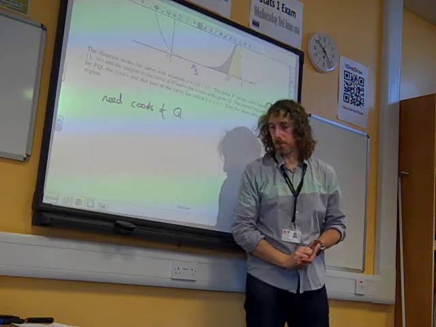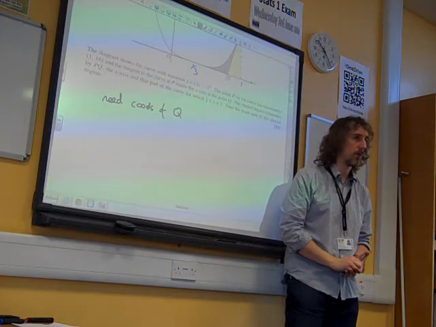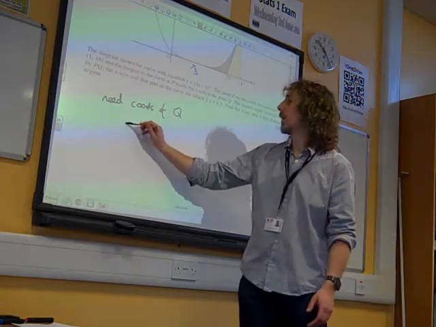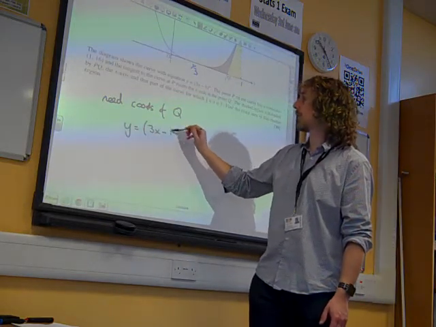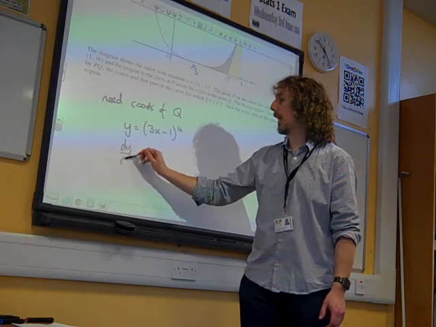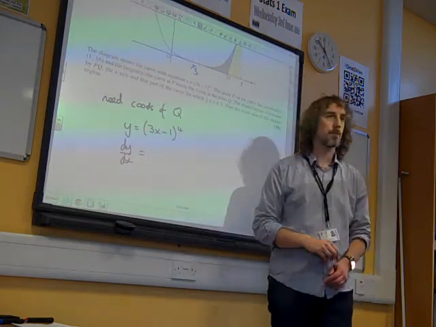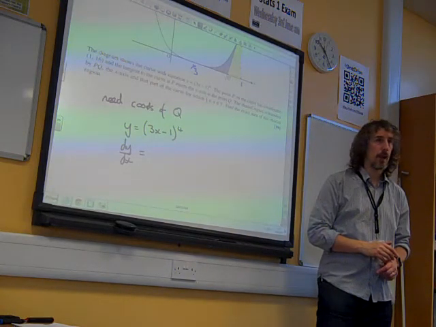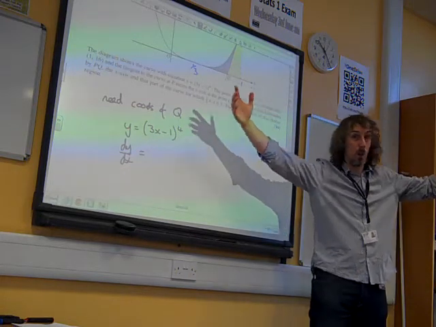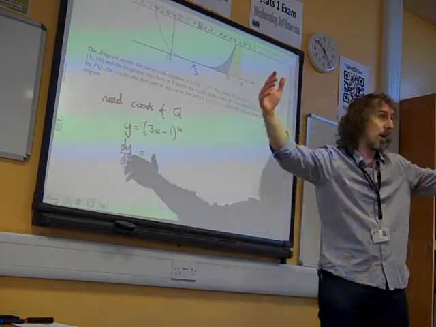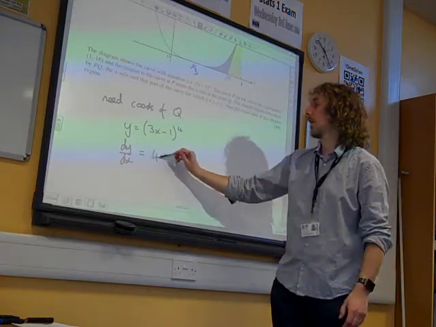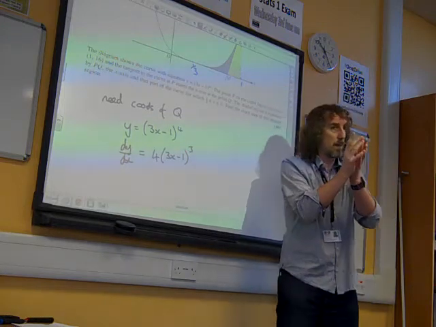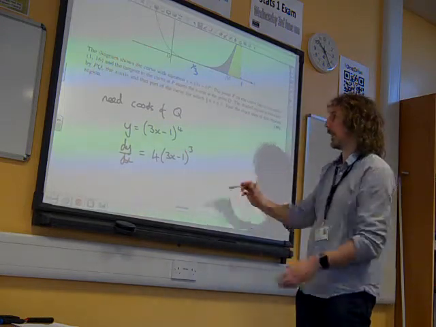Right, so to find the coordinates of Q, I need to know about the tangent at the point P. If y equals (3x - 1)^4, then dy/dx is, well, this is a chain rule question again, isn't it? If you differentiate something to the power of 4, you get 4 times something to the power of 3, multiplied by the derivative of the inside bit, and the inside bit differentiates to 3.